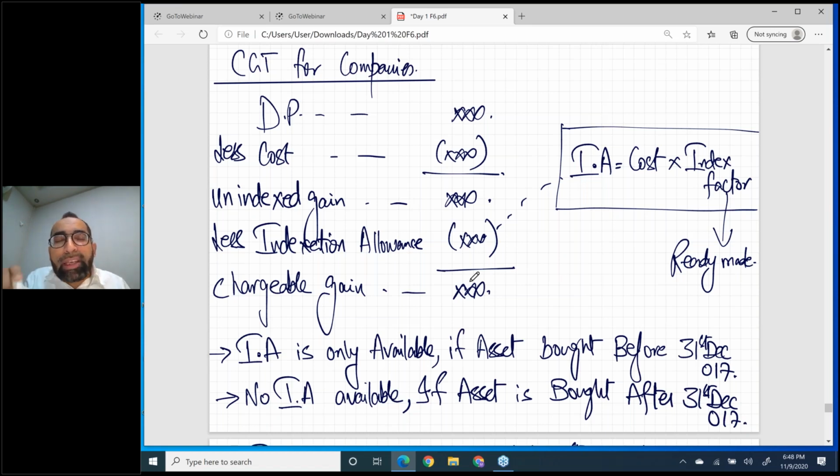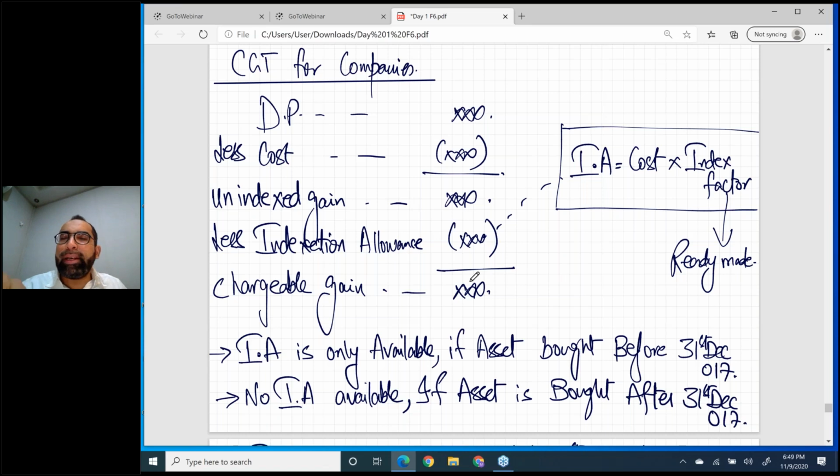If we bought an asset for 10,000 and sold it for 15,000, this increase in value is partly because of inflation as well. So the tax department has allowed us to remove the inflationary element of the gain through indexation allowance.